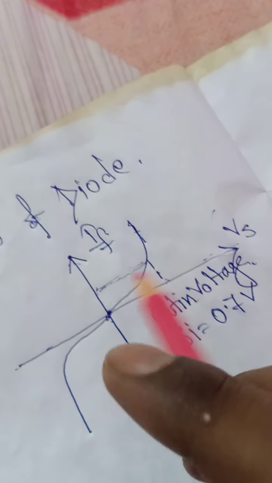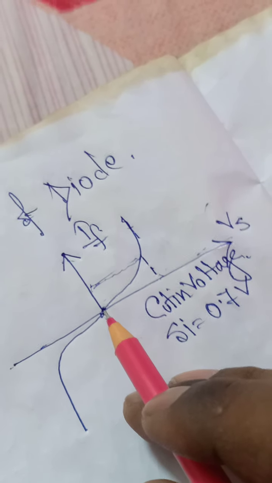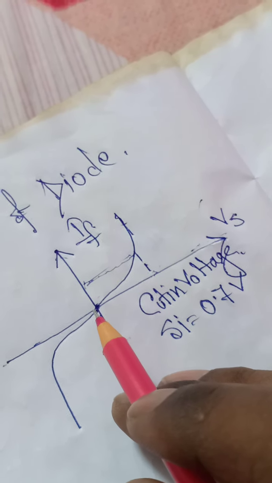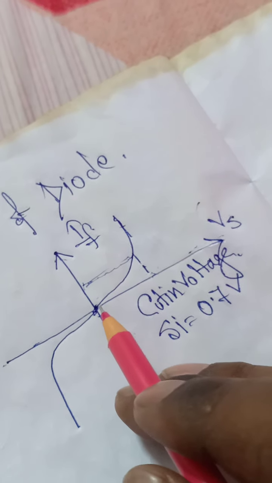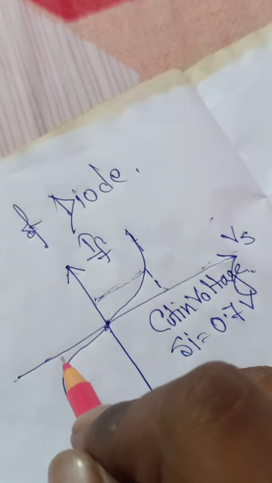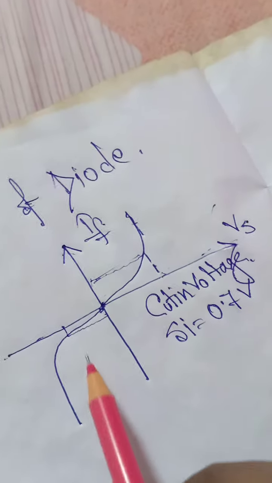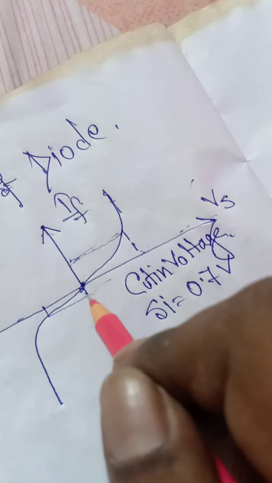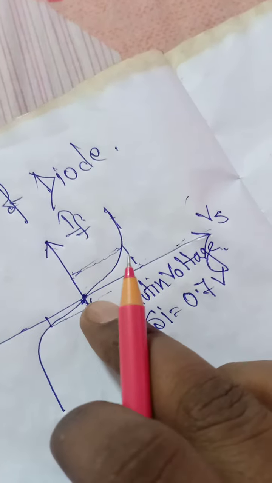When the diode is reverse biased, the diode current flows in the reverse direction. Here, when it comes to this point, it will be like this, right? This is the negative direction of the current.